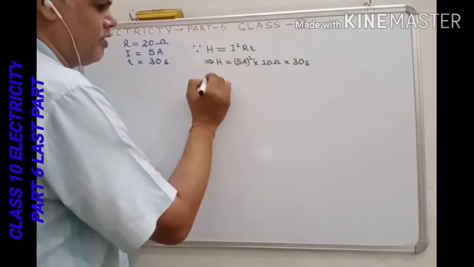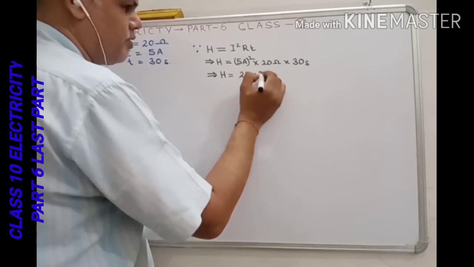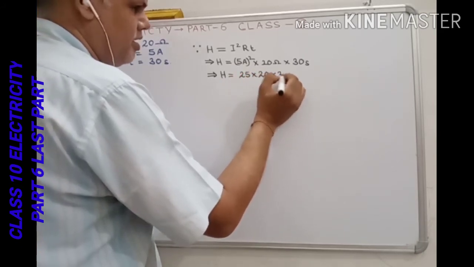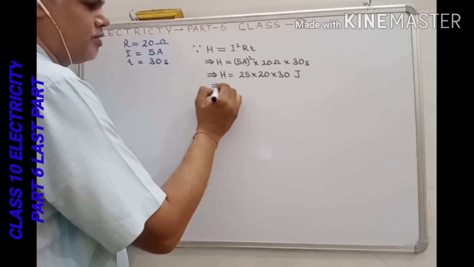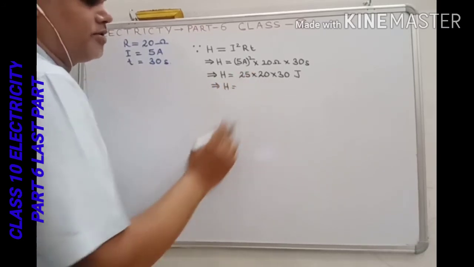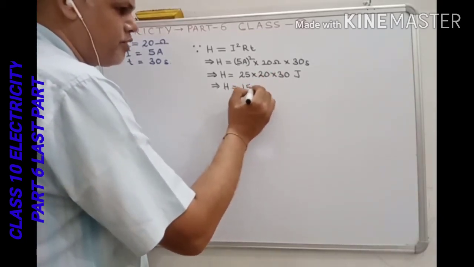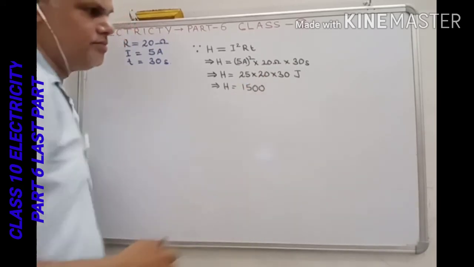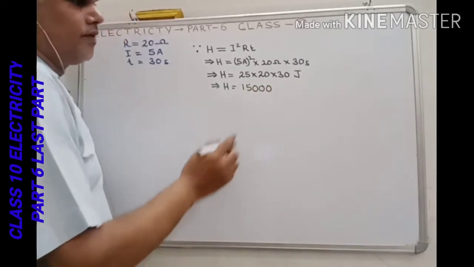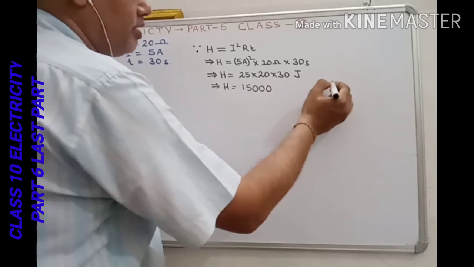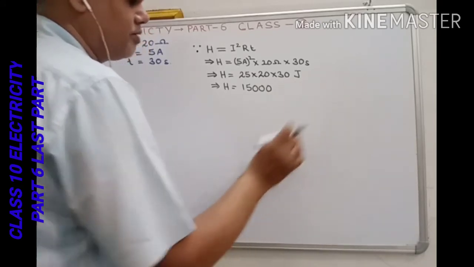So the heat is 25 multiplied by 20 multiplied by 30, and the unit of heat energy is Joule. 25 times 20 is 500, and 500 times 30 is 15,000 Joule, that is, 15 with three zeros.